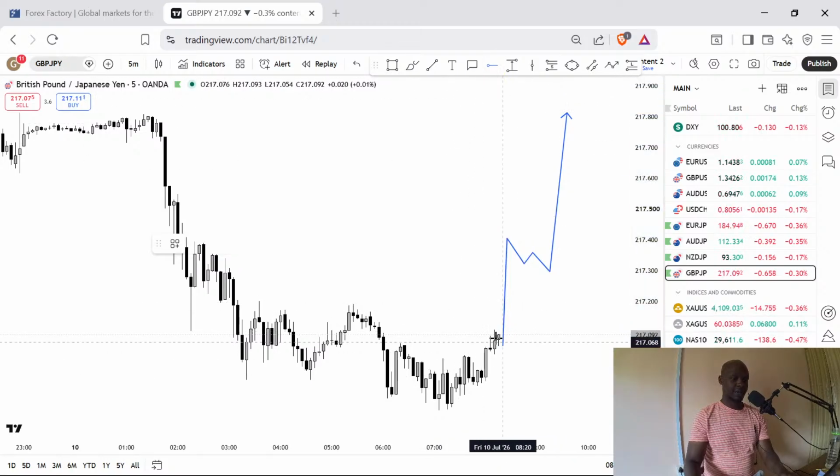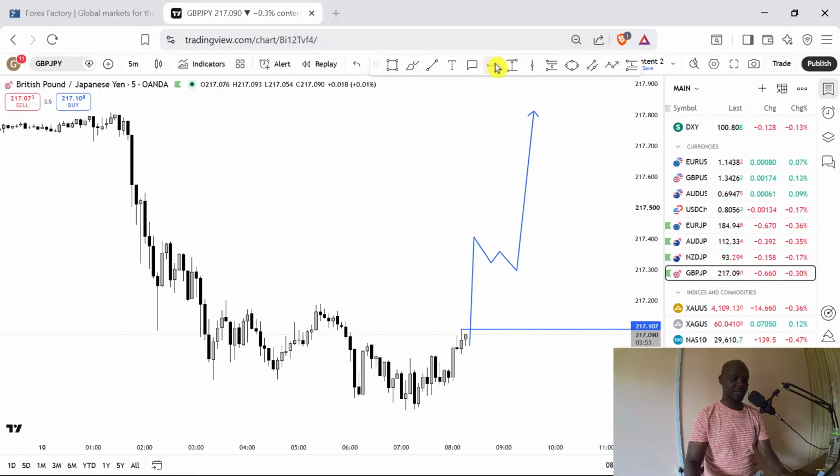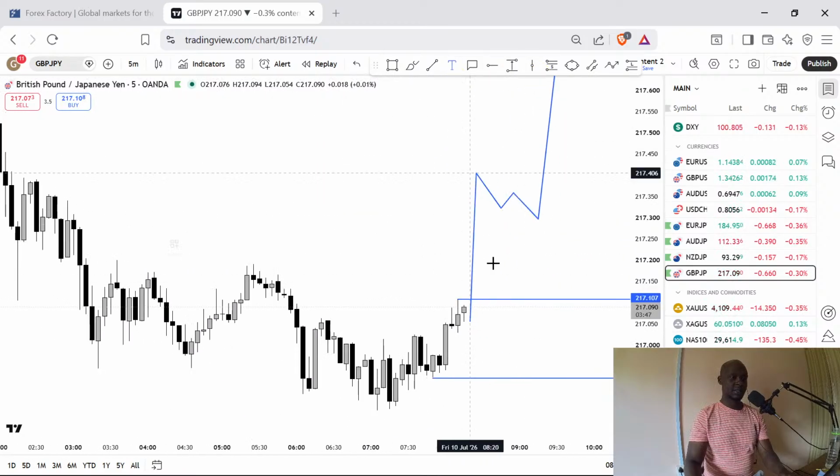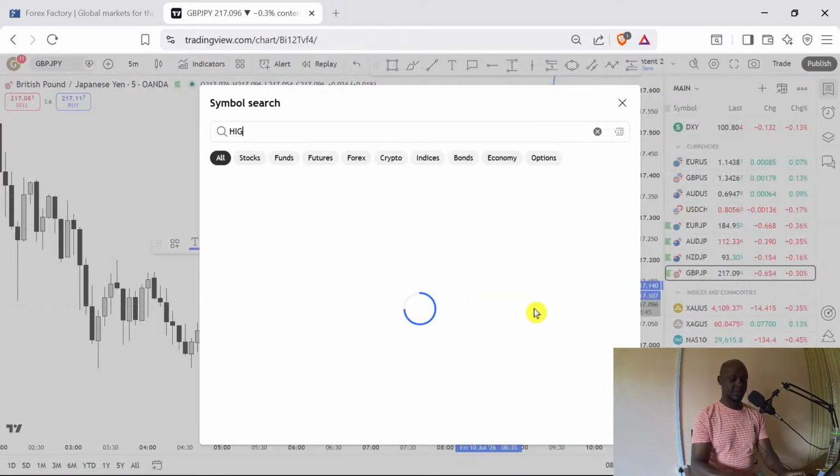And currently, I would say this is my high. Let me just have the areas I'm looking for so that you can follow along in case price starts to push upwards. So right now, this is the high.